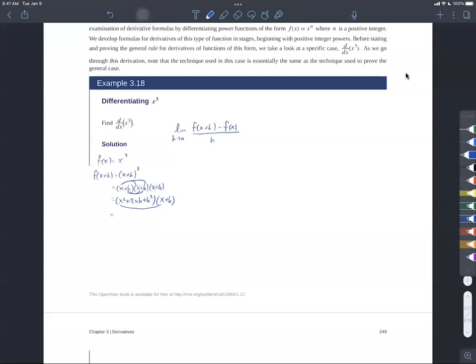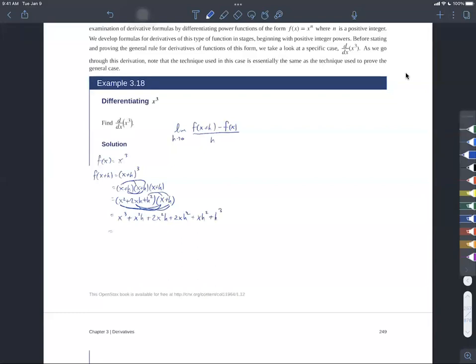And then we multiply here, we get x cubed plus x squared h plus 2x squared h plus 2xh squared plus xh squared plus h cubed.